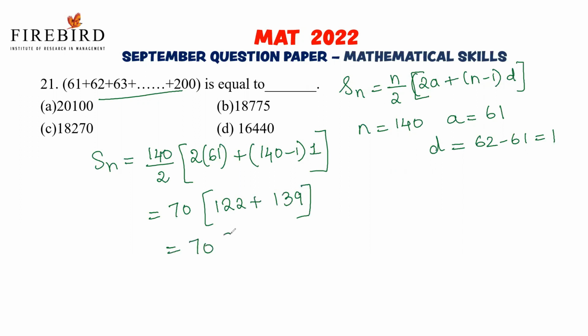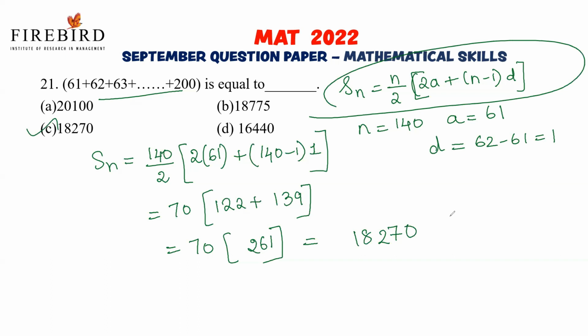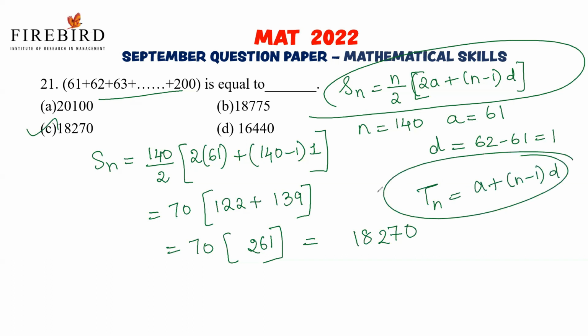So 70 into 261. Seven times 4, 7 sixes are 42, remainder 4, 14, 1, 8, 2, 7, 0 is your answer. So you should remember this formula for finding the sum of n terms: n by 2 into 2a plus n minus 1 into d. To find the nth term, the formula is a plus n minus 1 into d, which is the formula to find the nth term of the series.